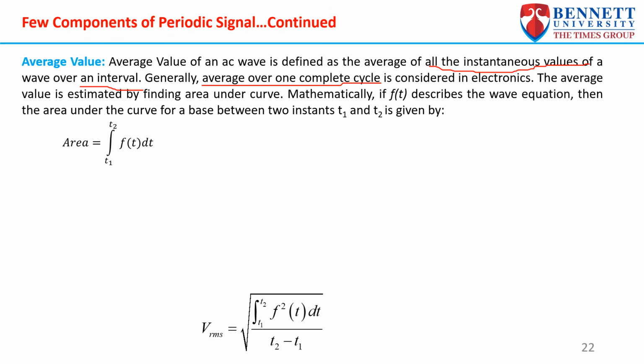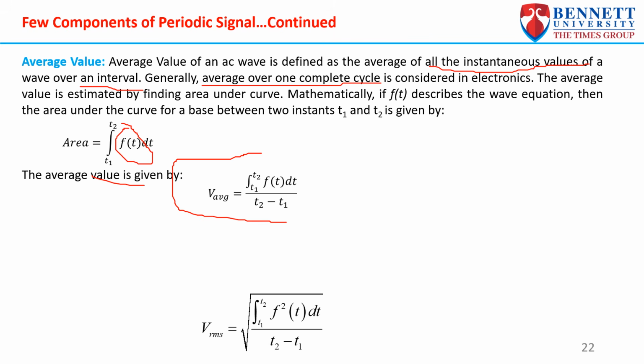Here the average is estimated by finding the area under this f of t curve, where f of t is the wave equation. The area over the two time instants t1 to t2 is divided by the time interval. So this is your average value of this signal.